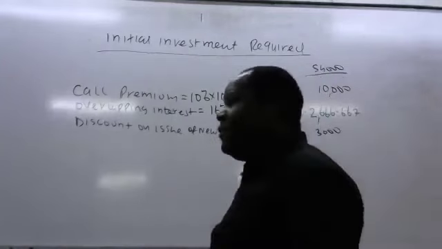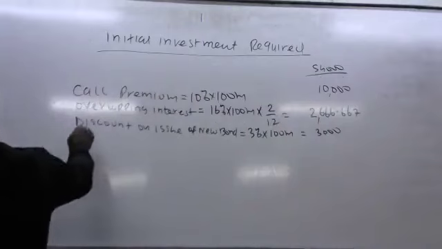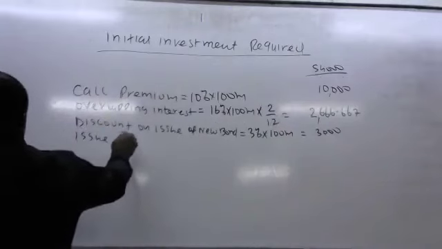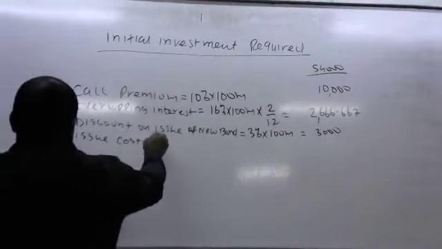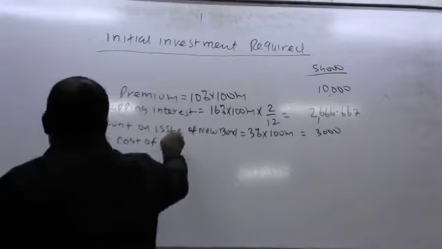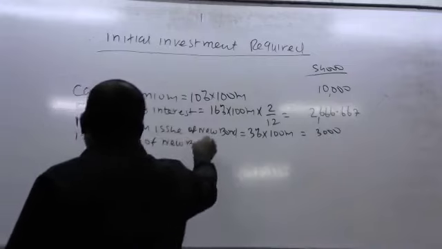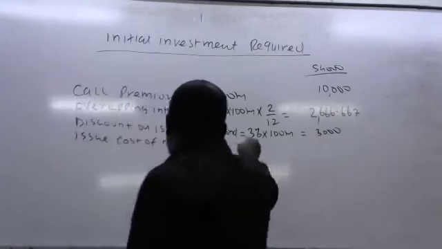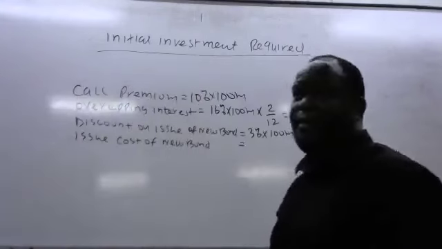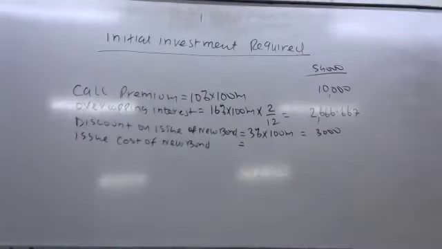Then there is also the issue cost of the new bond. In the same area where we got the discount, you can see the percent for the issue cost of the new bond: 5%.